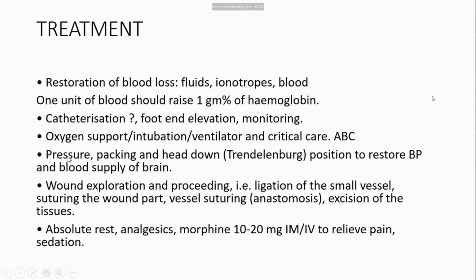Pressure packing, head down triangular position to control the bleeding, wound exploration and ligation of the small vessels. Why do we need to explore? So that we can suture these bleeding vessels and come out immediately, and later on only we'll do the actual interventional part.